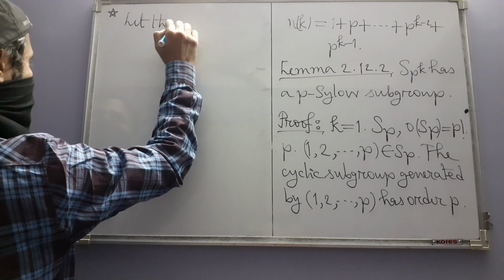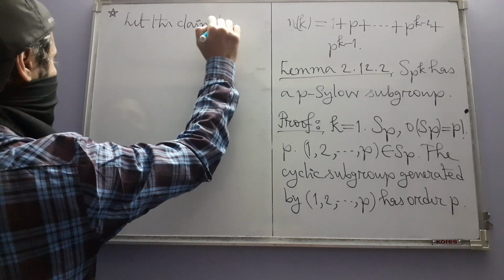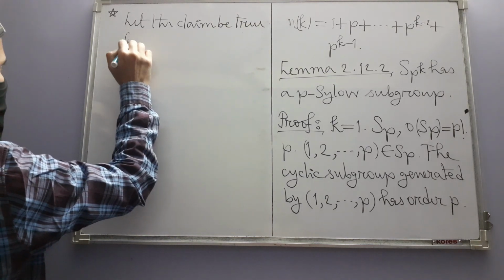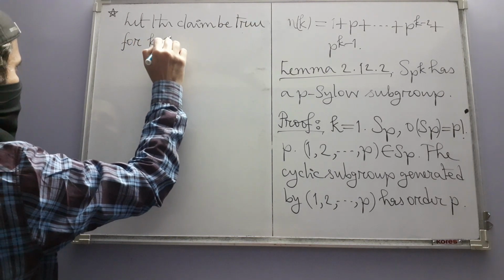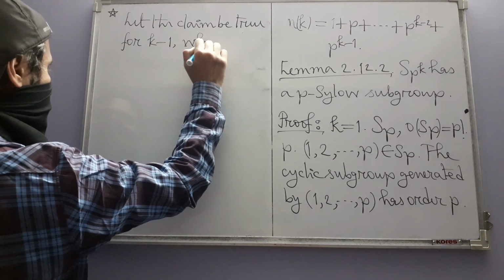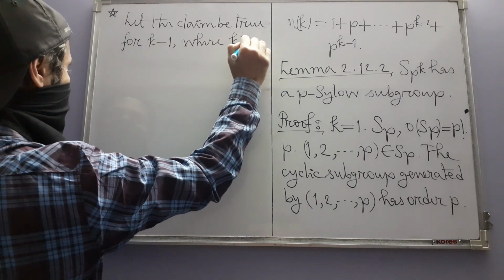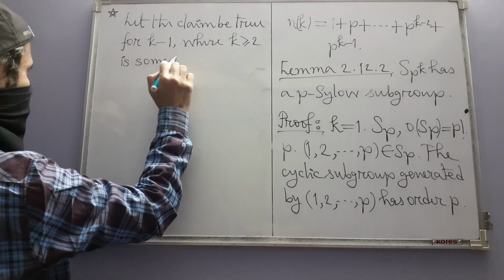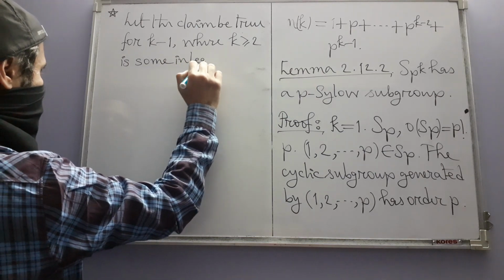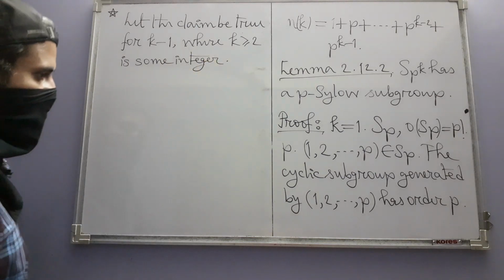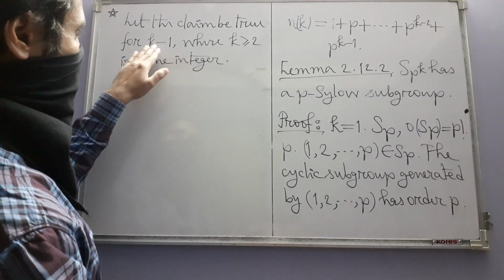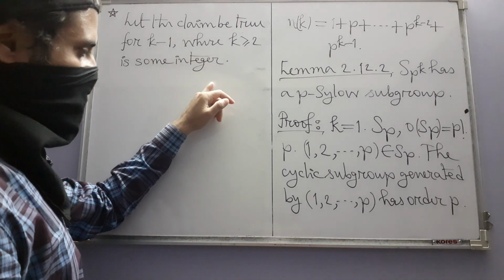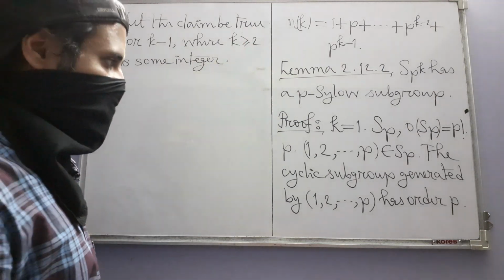Let the claim be true for k minus 1, where k greater than or equal to 2 is some integer, some arbitrary but fixed integer. Because we are writing the induction hypothesis in terms of k minus 1, the least value of k should be 2.